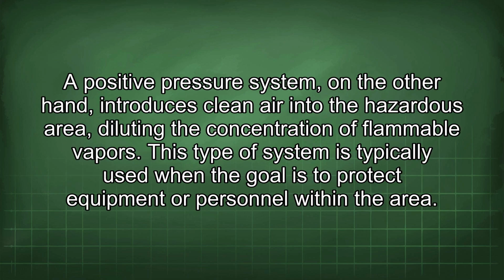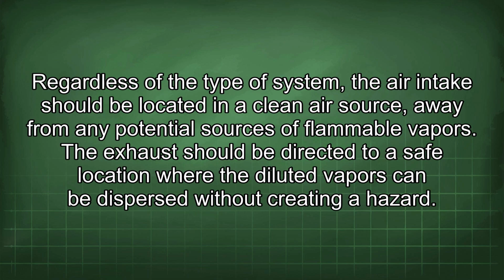A positive pressure system, on the other hand, introduces clean air into the hazardous area, diluting the concentration of flammable vapors. This type of system is typically used when the goal is to protect equipment or personnel within the area. Regardless of the type of system, the air intake should be located in a clean air source away from any potential sources of flammable vapors. The exhaust should be directed to a safe location where the diluted vapors can be dispersed without creating a hazard.